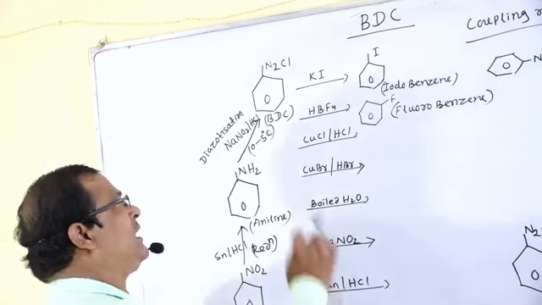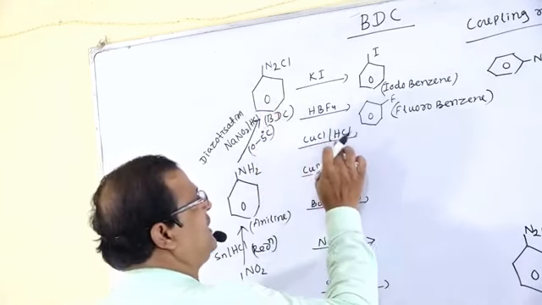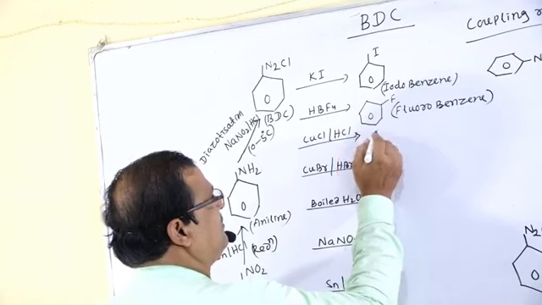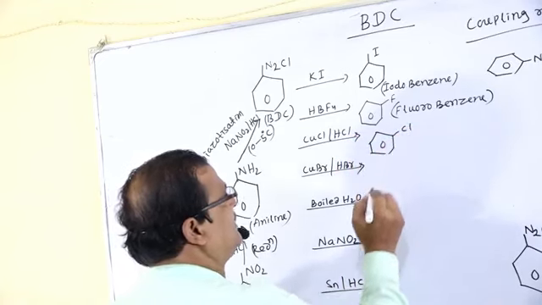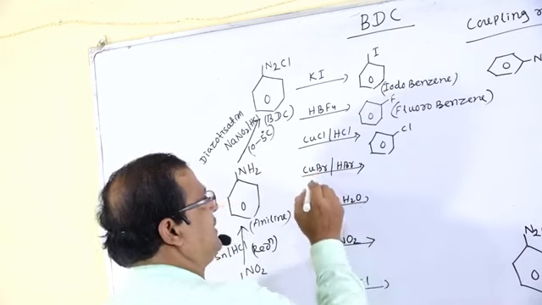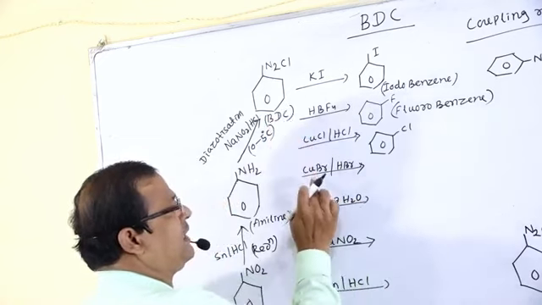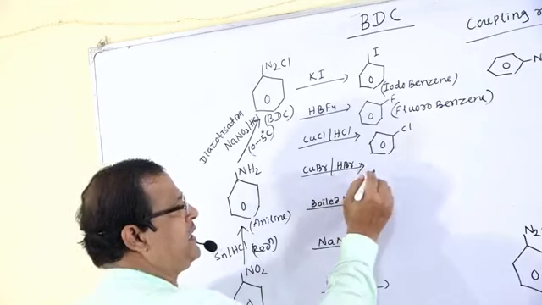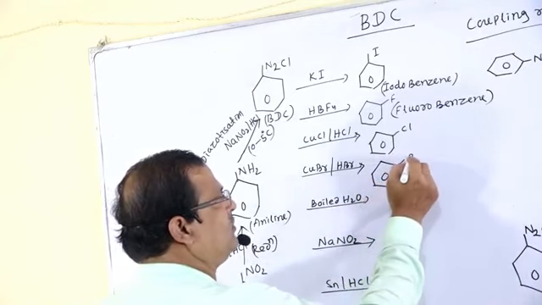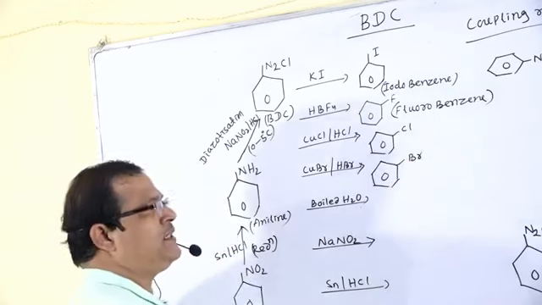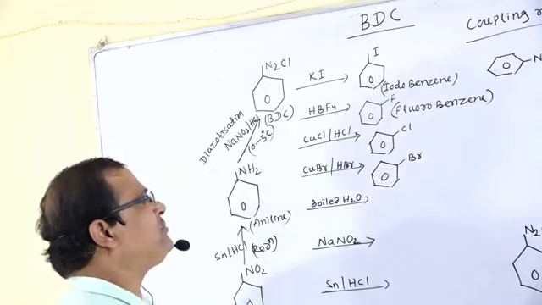BDC treated with CuCl and HCl gives chlorobenzene. Benzene diazonium chloride treated with CuBr and HBr gives bromobenzene.